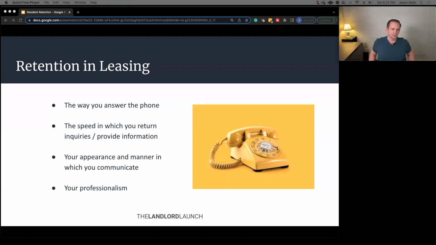So again, the way you communicate, your appearance, your professionalism, the way that you show up for that leasing appointment. Do you have paint all over? You're in a nice pair of pants and a nice polo, or whatever. The way that you look. Are you dressing in such a way that says, hey, I'm a serious person. I'm a landlord. I'm here to show you my property.